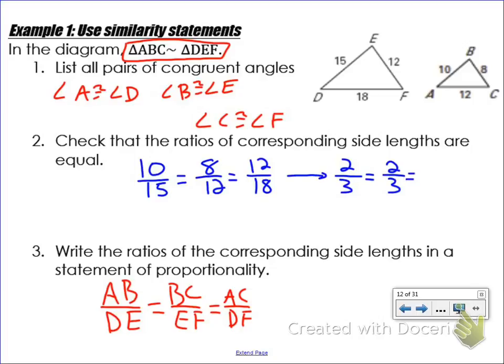And then lastly, 12 over 18, 6 goes into 12 2 times, 6 goes into 18 3 times. As we see, all 3 ratios reduce to 2 over 3. So this is the ratio from triangle ABC to triangle DEF. And since all 3 sides have corresponding ratios and the ratio is exactly the same, we can go ahead and verify that these 2 triangles are similar to each other.